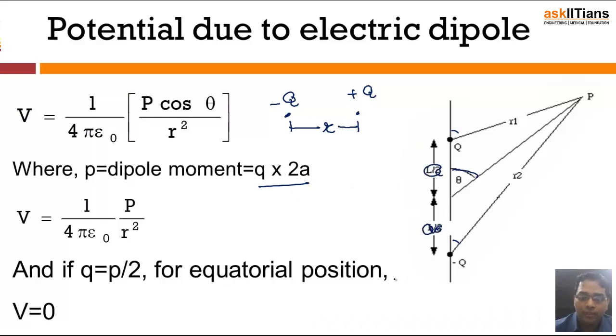Using this, you find the value of the potential. As we found, for the equatorial position V equals 0. So either you take the equatorial position, the axial position, or a generic case. This is the value for the generic case, and for the other two cases, these are the two values if you approximate. Hopefully you understood up to this point.